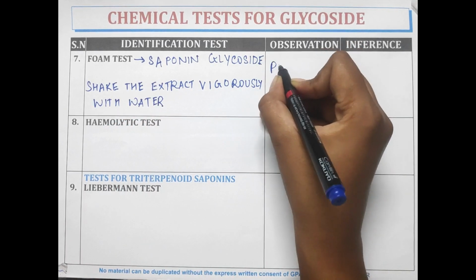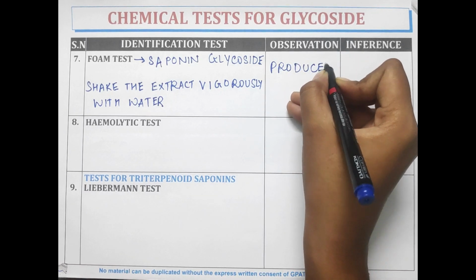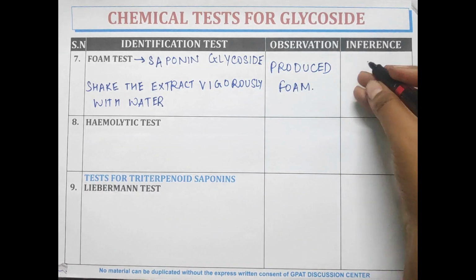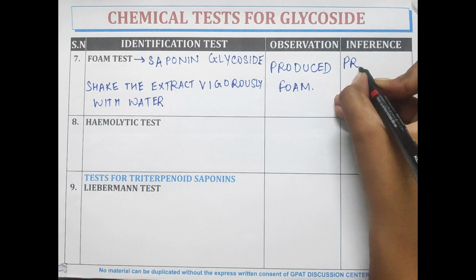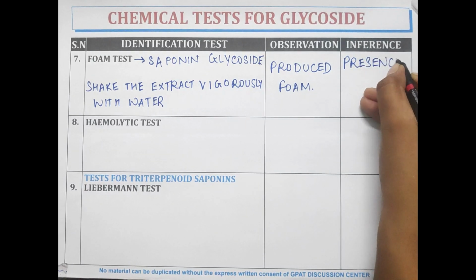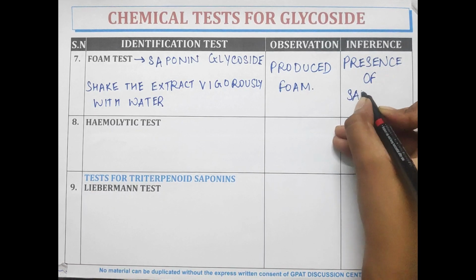A foam is produced. This foam which is produced indicates the presence of saponin glycoside.